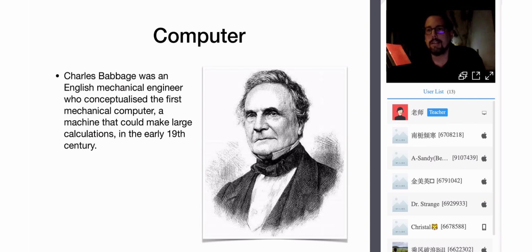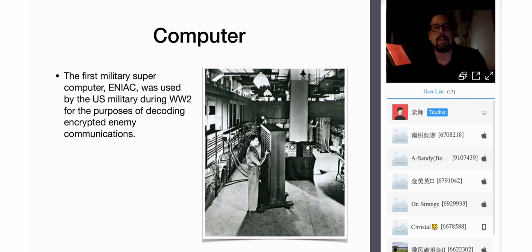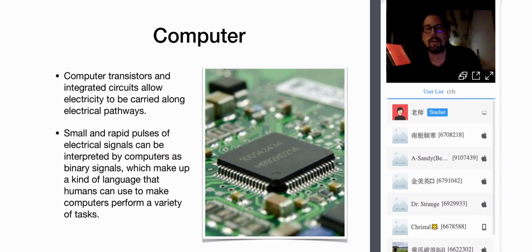This is the inventor of the mechanical computer, Charles Babbage. Okay. And this is the first supercomputer used by the military in the 1940s. And this is the modern transistor microchip and integrated circuit.